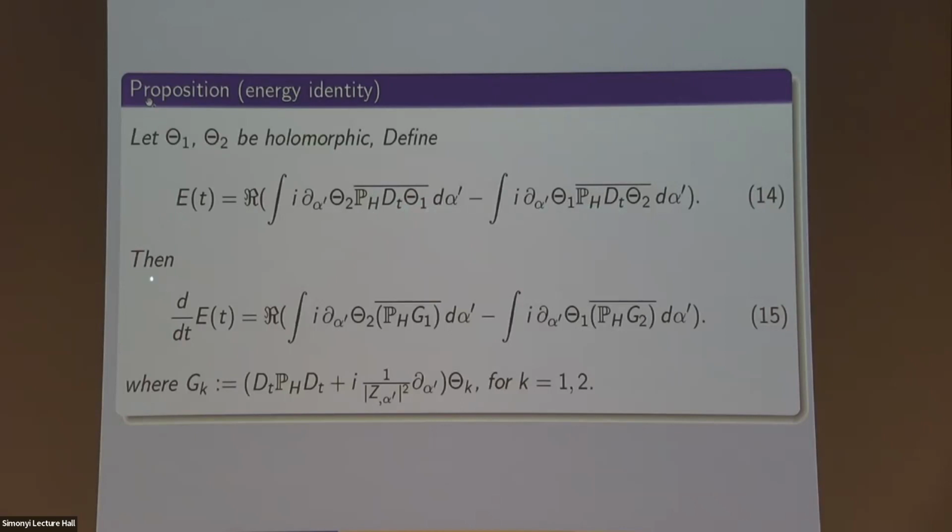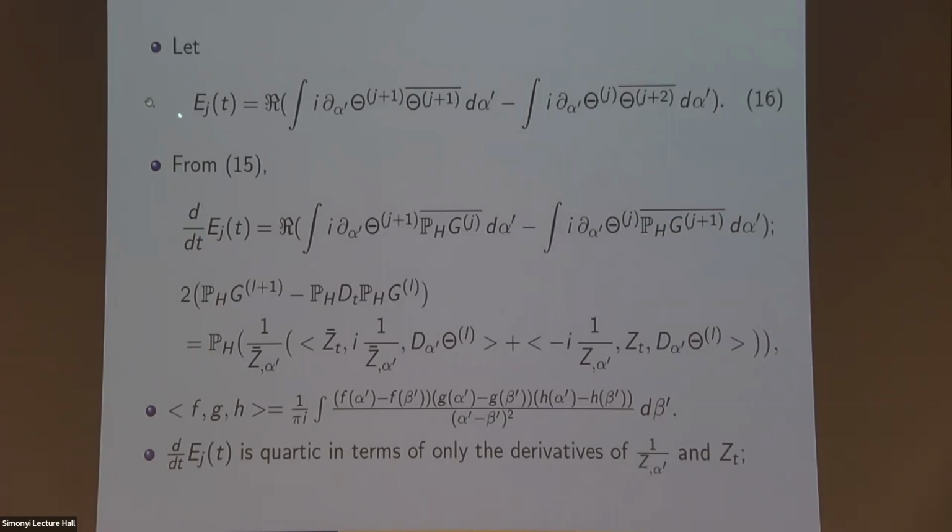If you take this energy function, the material time derivative becomes this one. This is why we look at this operator, because it appears naturally in the energy identity. So what is G_k for theta? Now we take this energy functional and take the time derivative, and we find a recursive formula given by this.